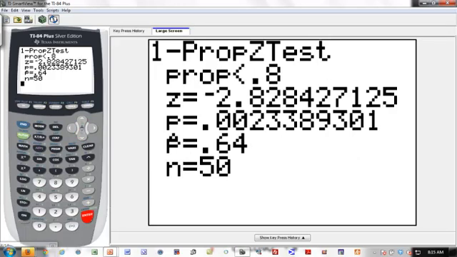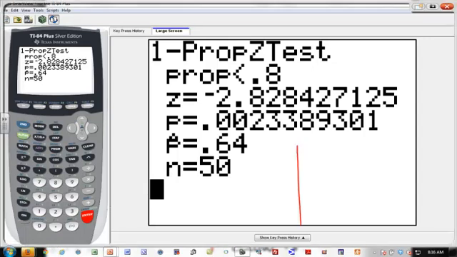Right? And so what do I demand of you in step 3? You got to write down the z value. And using the right notation, you got to write down your p value. Where's your p value? Right there. So we don't have to write anything else out? So what I'm saying, if you use your calculator to do this, here's what your step 3 looks like. Z is equal to negative 2.83.